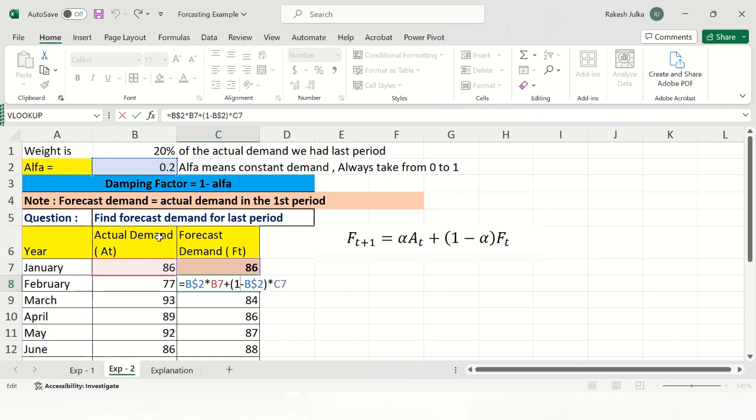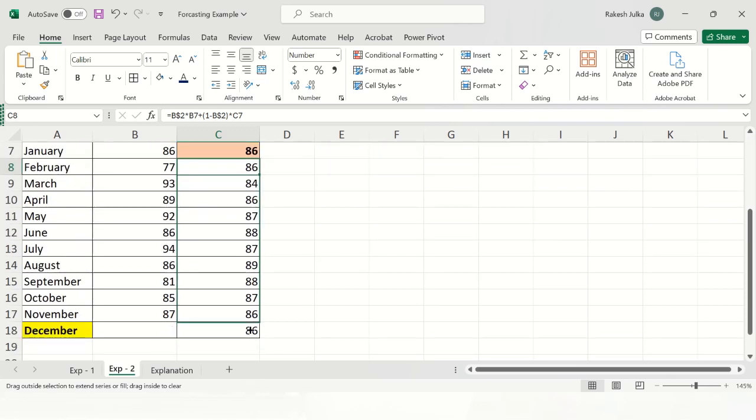So alpha is the B dollar 2 that we have here, and B7 for the previous year, plus 1 minus alpha, multiplied by C7. C7 here is the forecast demand of the previous year. So this is C and 7, right? So everything is right. I have just dragged it down and we have this data available.